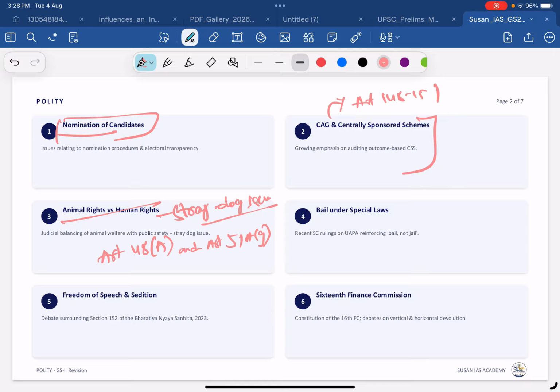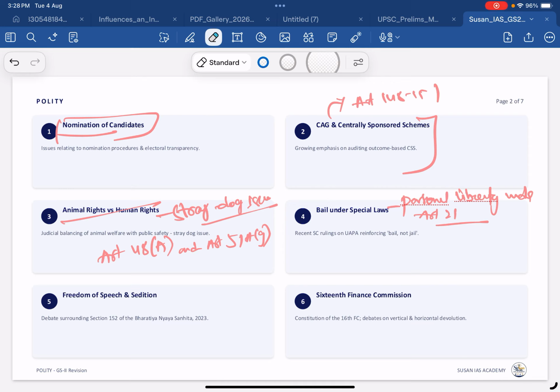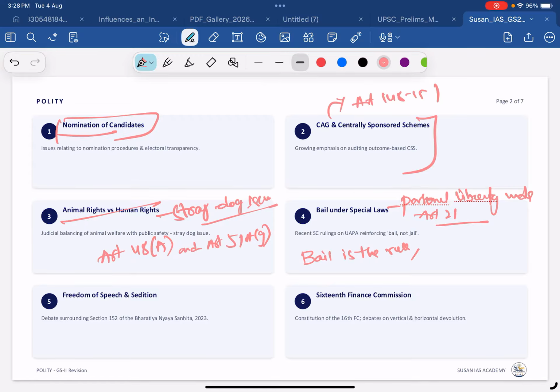And the next topic is bail under special laws, like personal liberty under Article 21, which they have to cover. The Supreme Court has said many times in various judgments that bail is the rule, jail is the exception, right? You have to use this quote while writing your answers.